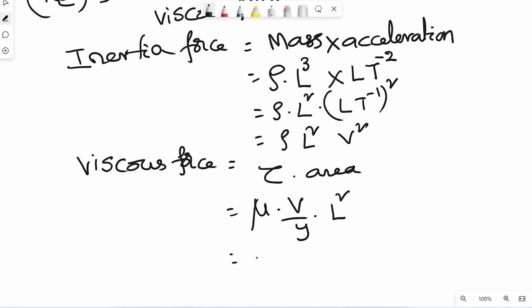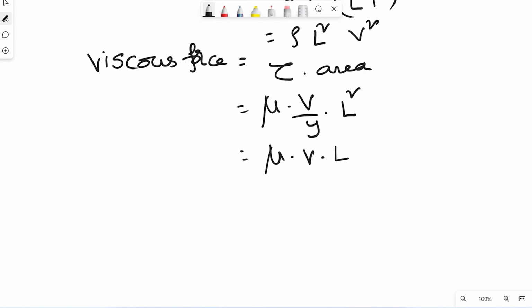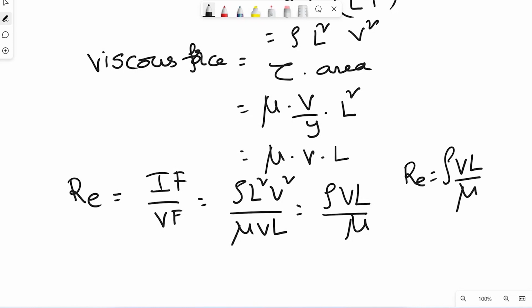So this is nothing but mu into V into L. Now if I take the ratio, Reynolds number is equal to inertia force by viscous force, so it is rho L square V square by mu V L. If I cancel it, naturally it is rho V L by mu. So Re is equal to rho V L by mu.